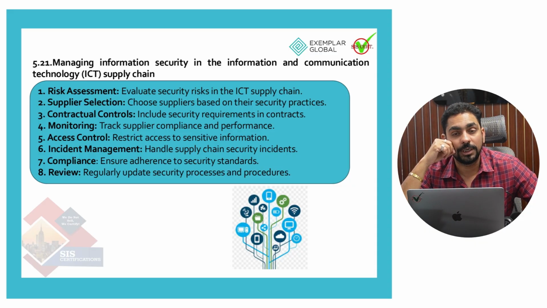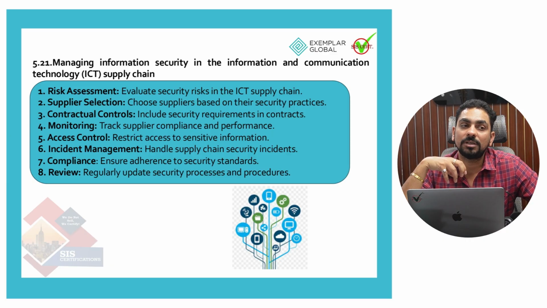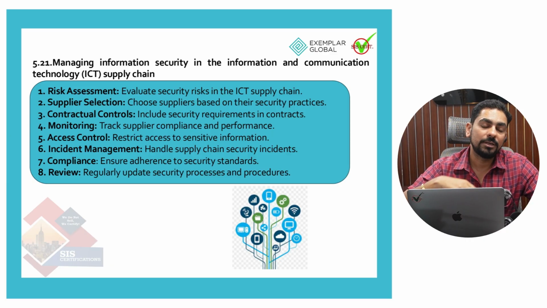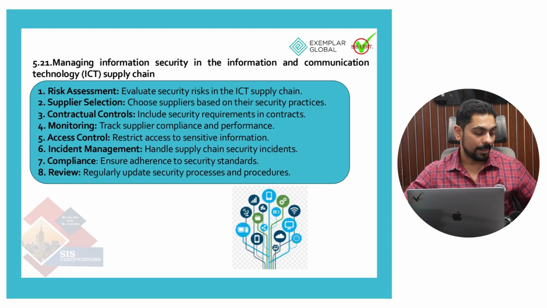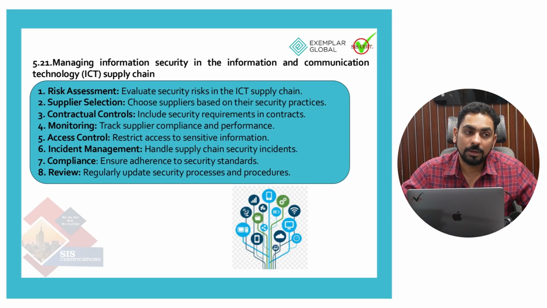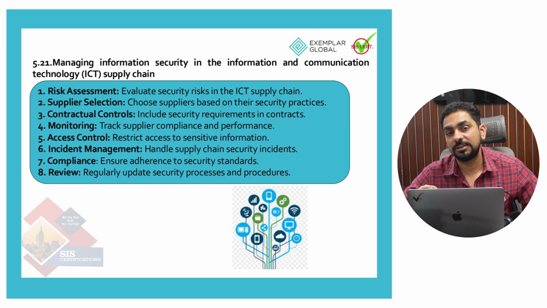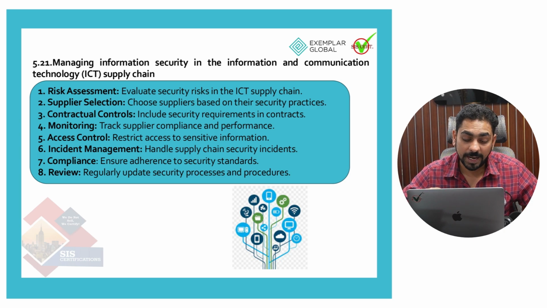Supplier selection: of course, as we spoke, we need suppliers that are according to our checklist and requirements, clearly based on your requirements and the complexity of the suppliers' systems. Contractual requirements: include security requirements in contracts. Monitoring: track supplier compliance and performance. Access rights: restrict access to sensitive information.